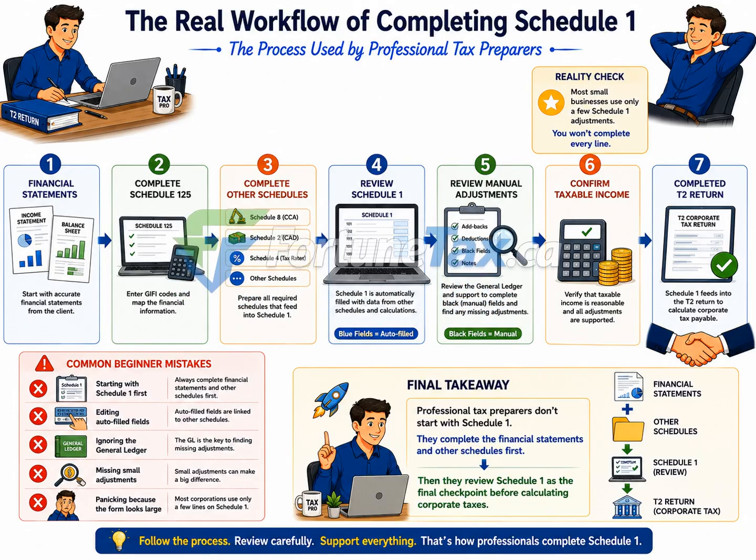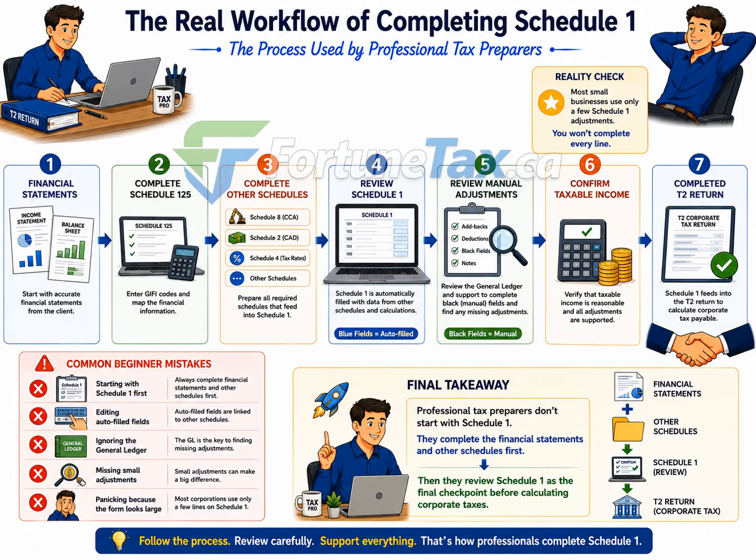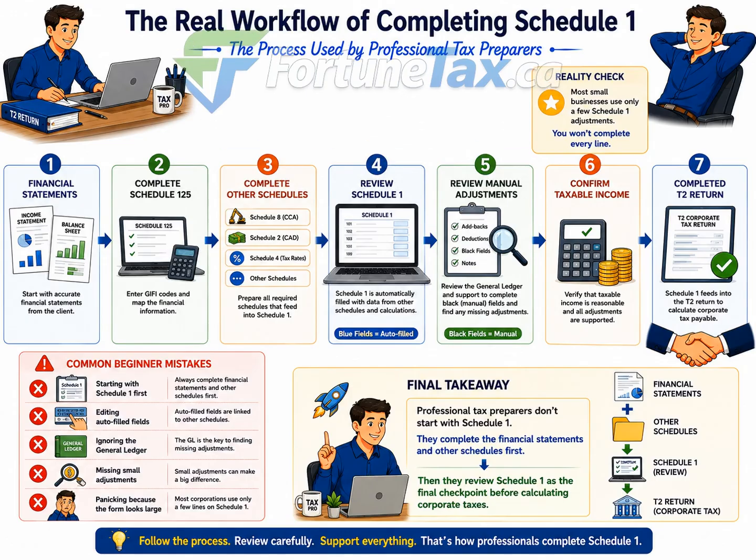The key to completing Schedule 1 efficiently is following the same workflow that professional tax preparers use. Rather than jumping straight into the form, they follow a logical sequence that ensures the information is complete and accurate. The process begins with preparing the corporation's financial statements.